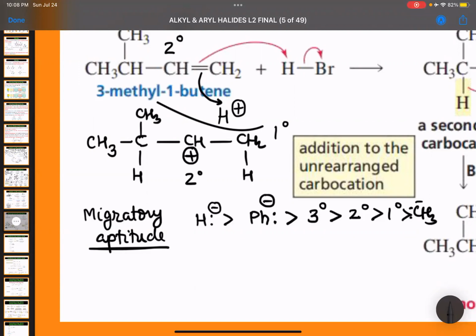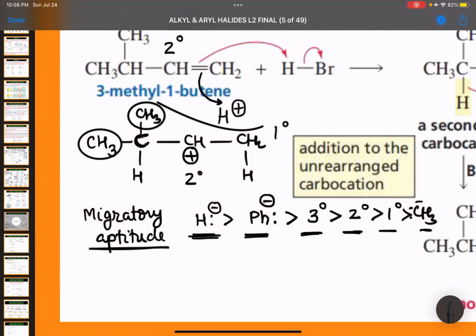Hydride has more migratory aptitude than phenyl, then tertiary alkyl group, then secondary, then primary, and methyl. So on this carbon, you need to think what groups are present, and compare their migratory aptitude.